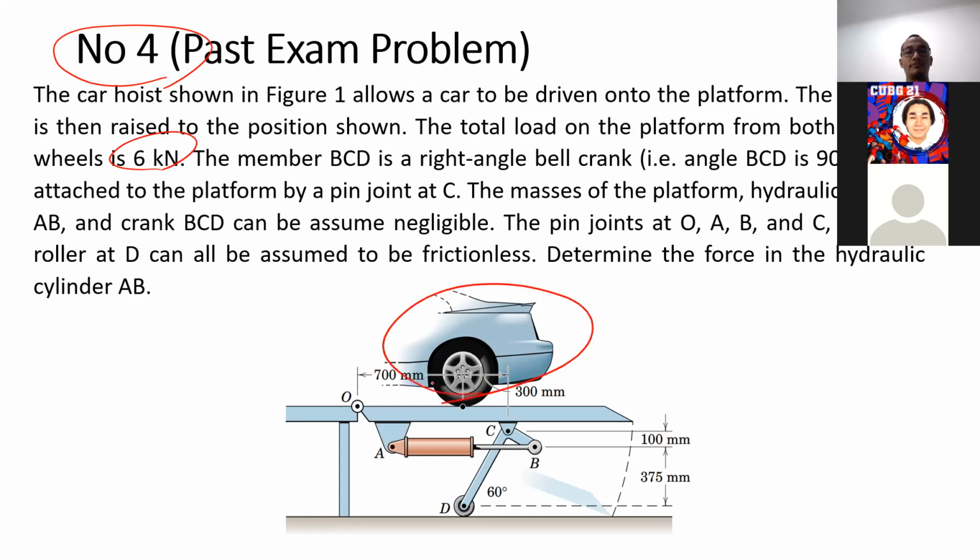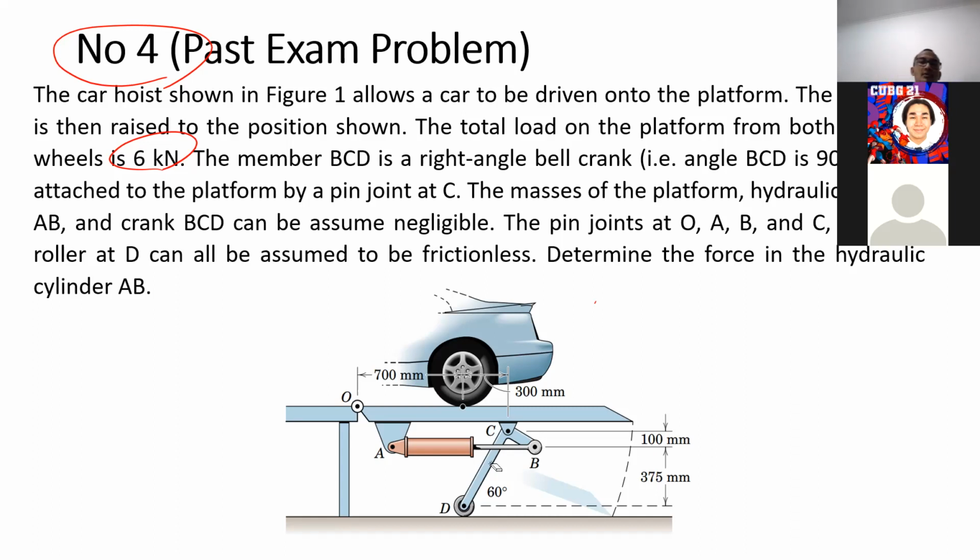The member BCD is a right angle bell crank, which means the angle BCD is 90 degrees, and it is attached to the platform by a pin joint at C. The masses of the platform, hydraulic cylinder, AB and crank BCD can be assumed negligible.